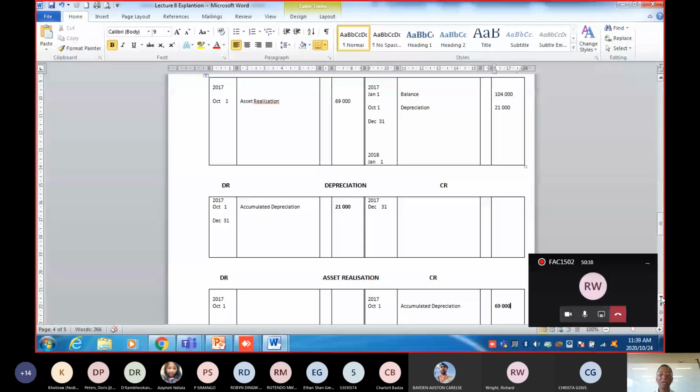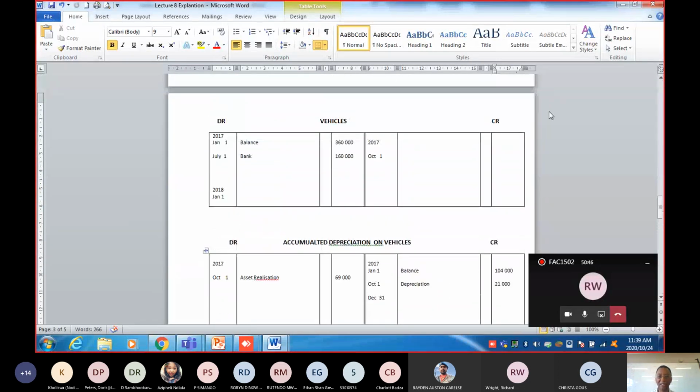Your next step, we're going to transfer the cost price. If we transfer the cost price, our vehicles must decrease. Credit the vehicle account on the 1st of October with asset realization. The cost price of the asset must decrease by 140,000 Rand.